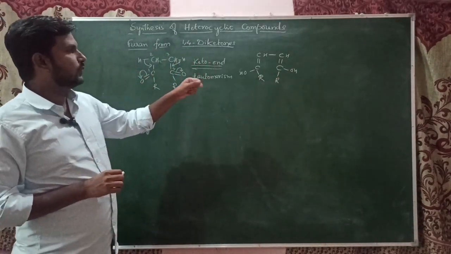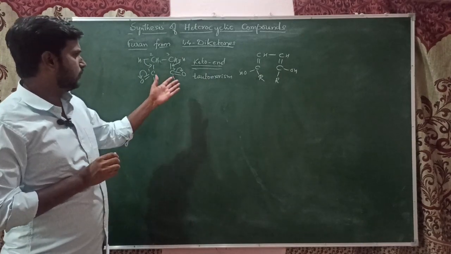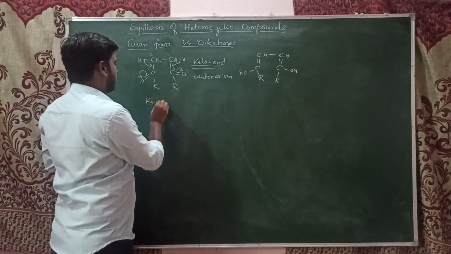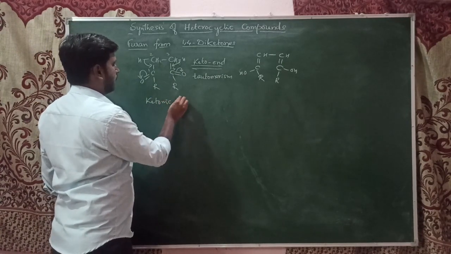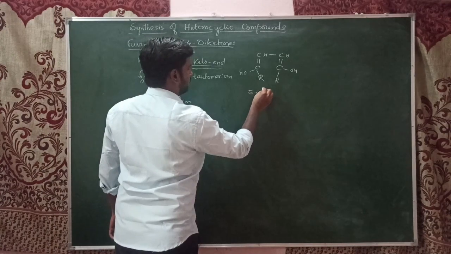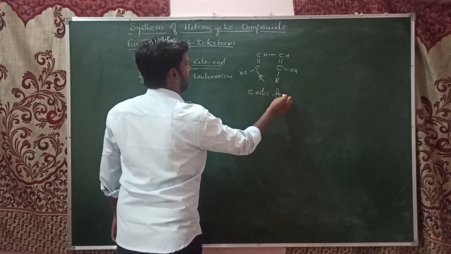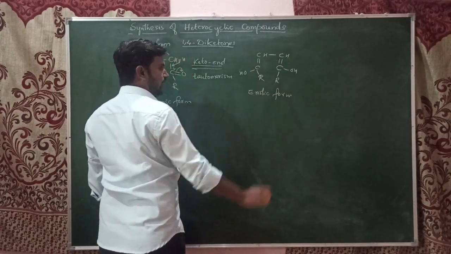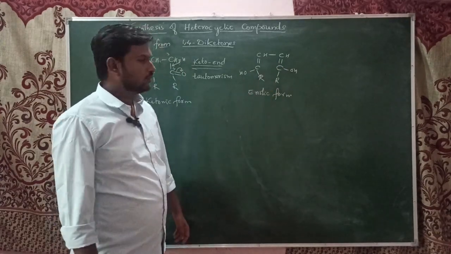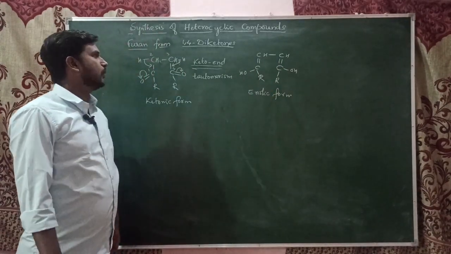These are the same compound, 1,4-diketone, but this one is in the ketonic form, and this is in the enolic form. Enolic form has a double bond, ene, and alcohol groups, ol. So this enolic form is very important for the preparation.